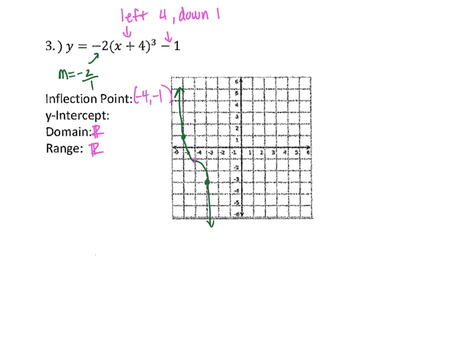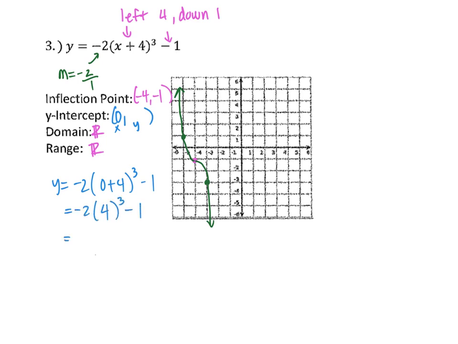And so now I need to figure out my y-intercept. So we figure that out by plugging 0 in for our x and then finding our y. So if I plug this in, I'm going to need to work inside the parentheses first. So I have 0 plus 4, which is 4.